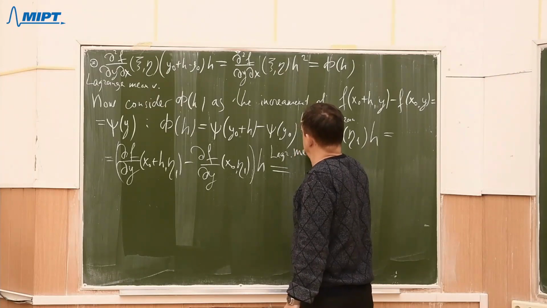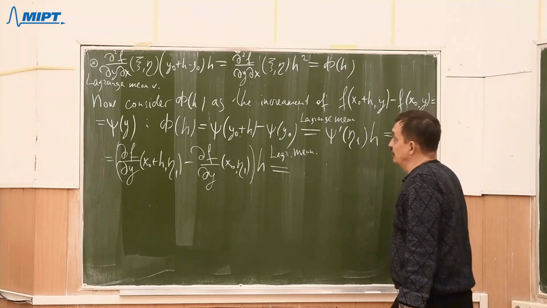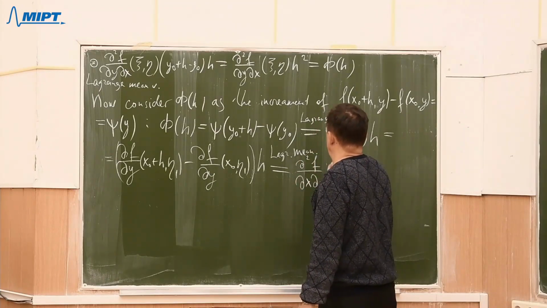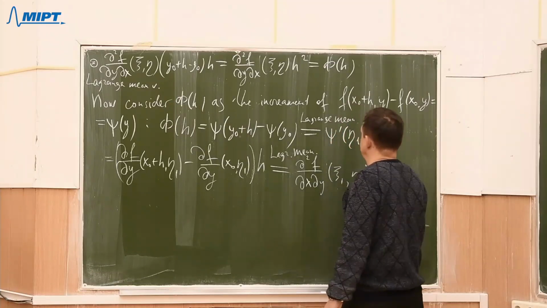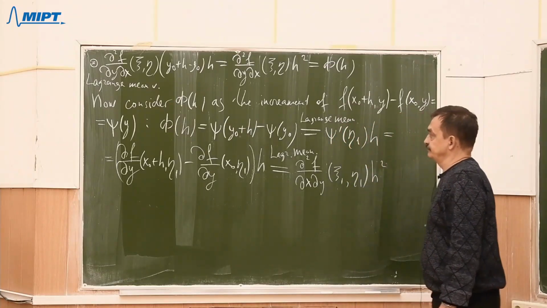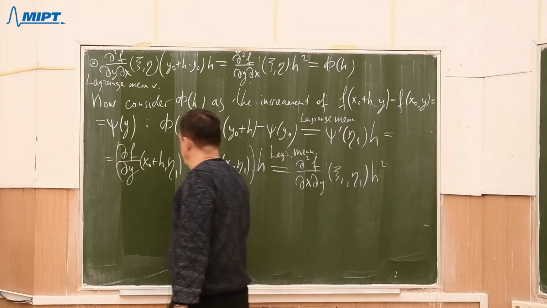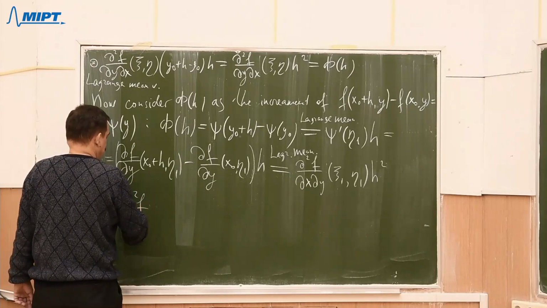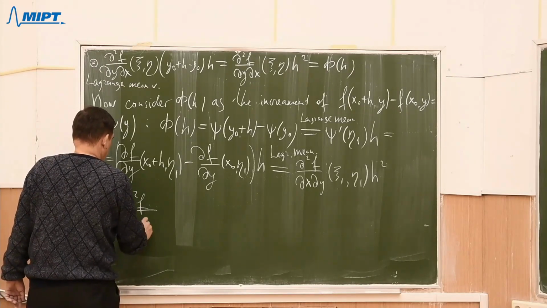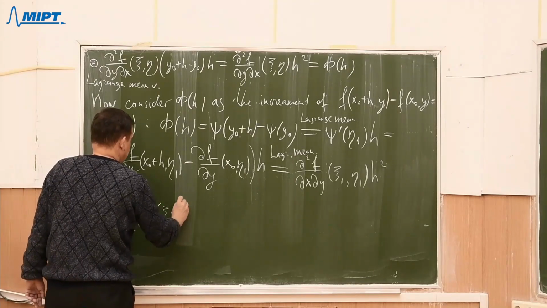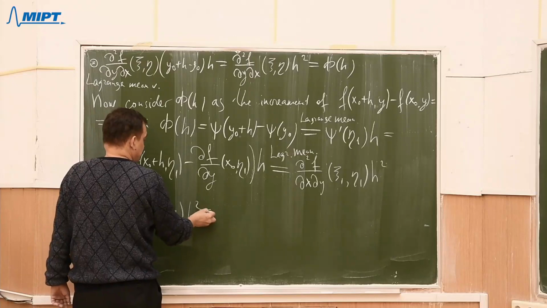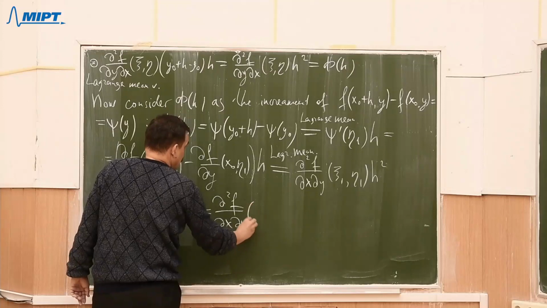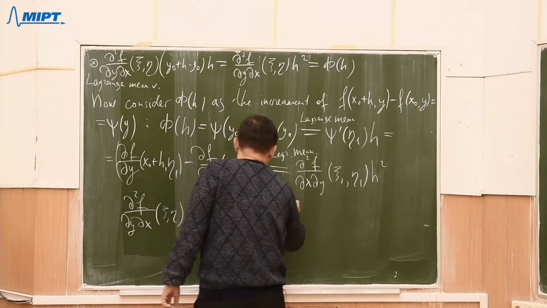We obtain now the second derivative d2f over dx dy at xi 1, eta 1, times h squared. So we have such an equality. As a result, d2f over dy dx at xi, eta, times h squared equals d2f over dx dy at xi 1, eta 1, times h squared.